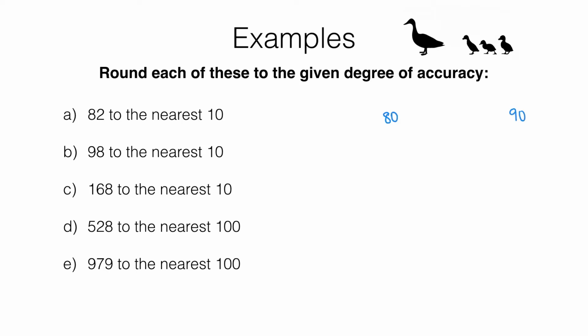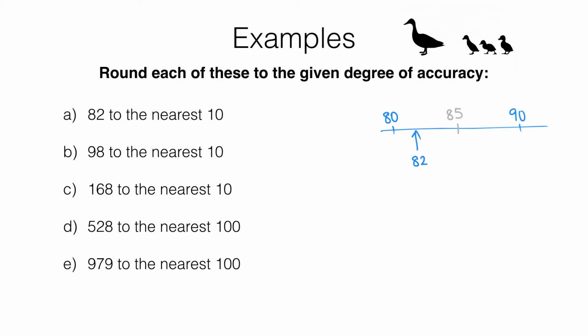So if I consider those on a number line and then think about what's halfway between those, because that's going to help me decide which is closer. Well, halfway between 80 and 90 is 85. Now, where is 82 going to be on this number line? Well, it's between 80 and 85, so it's somewhere around here.